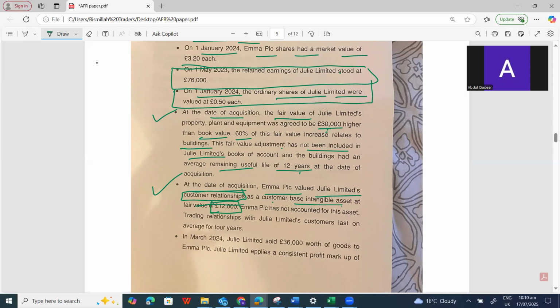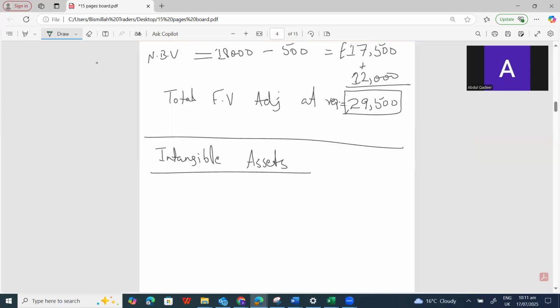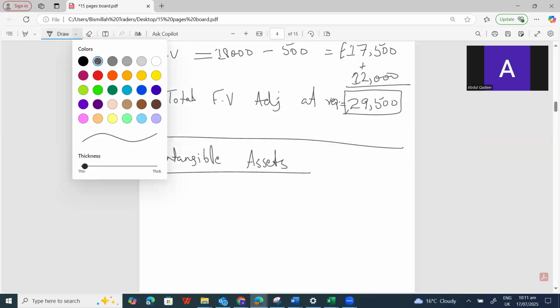EMA Public Limited has not accounted for this asset, so it's our duty to account for it. Trading relationships with Julie Limited customers last on average for 4 years. There are two values we have to remember: 12,000 is the customer base intangible asset value, and amortization and useful life are 4 years. So we need to go back and solve the intangible assets.